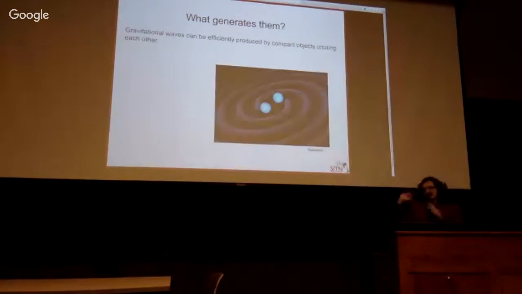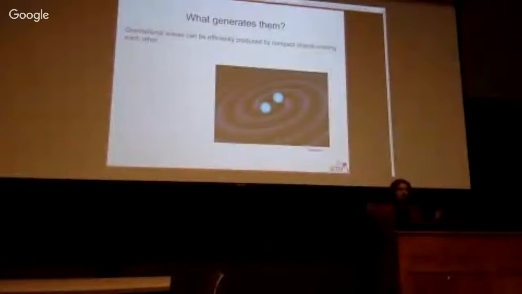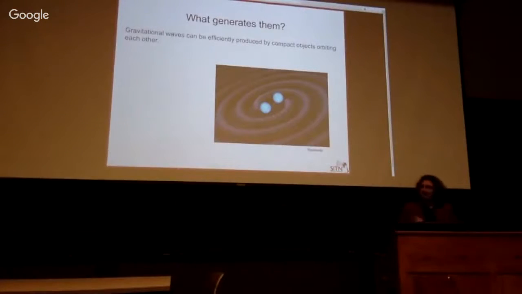I don't want to use the technical word for it, but for those of you who are interested, it's called a neutron star. It's a star that is made up of neutrons. That's why it's very dense. If you take two of these neutron stars and let them revolve around each other, essentially in this manner, as they spiral in, they will be producing such gravitational waves that I just showed you.